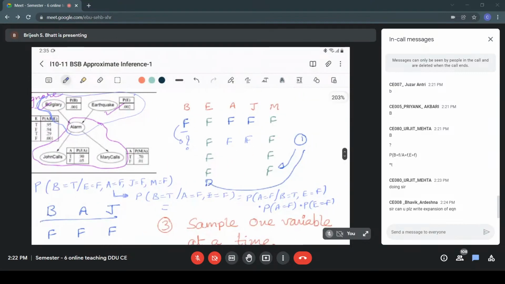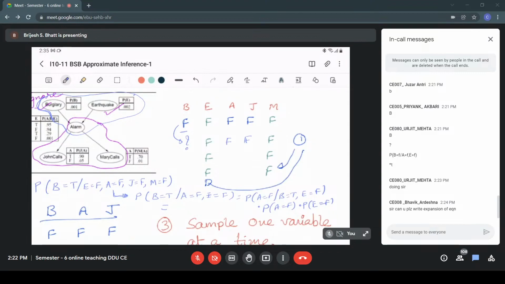Right, Davis? So we just need to look at the graph, a subgraph of that particular random variable. In our Markov blanket of B, if we say B, A, and E are the three variables, then look at that subgraph and write the joint distribution of that subgraph. Are you with me, Bhavik?